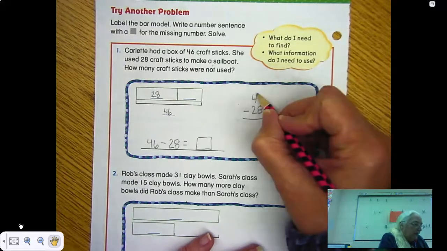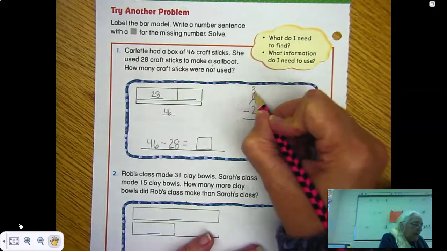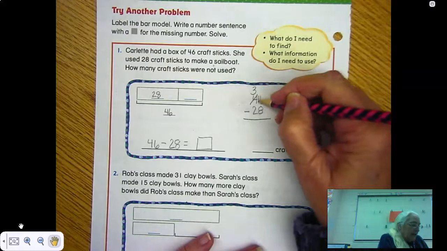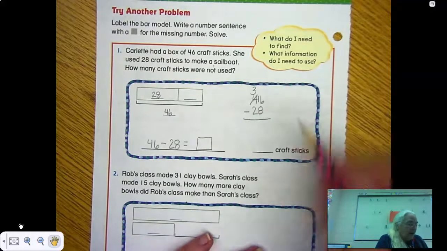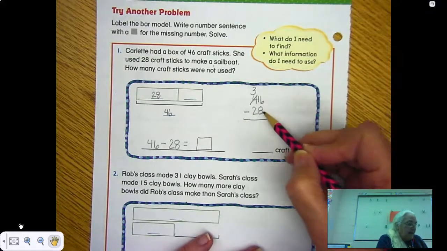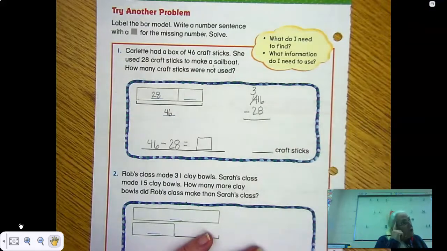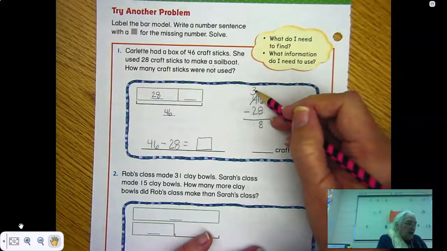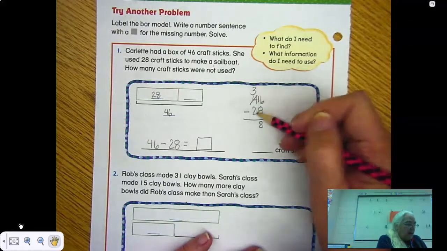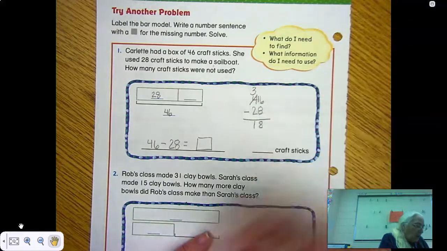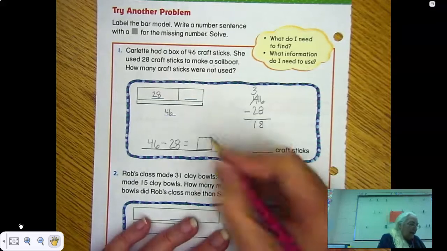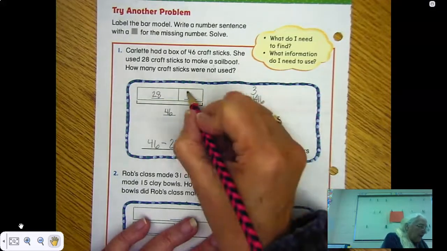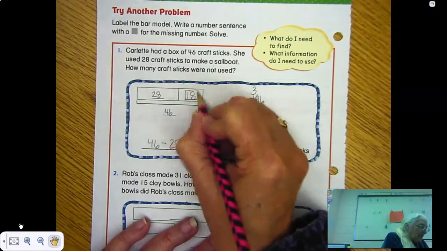No, I'm going to regroup. So go into the tens column, regroup that 4, bring a 10 back over into the ones column. So now I have 16, take away 8 is 8. Now into the tens column, 3 take away 2 is 1. So my answer is 18 craft sticks are left over. That's the other part that was missing.